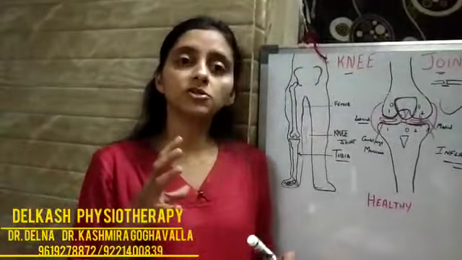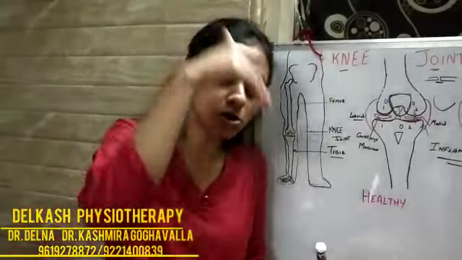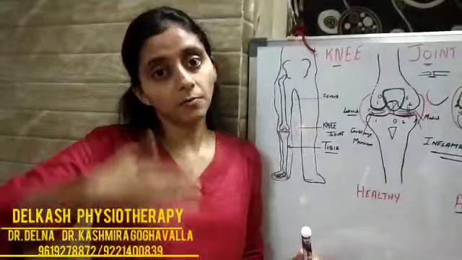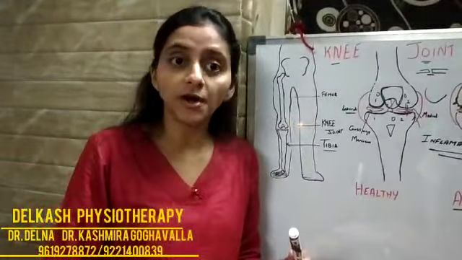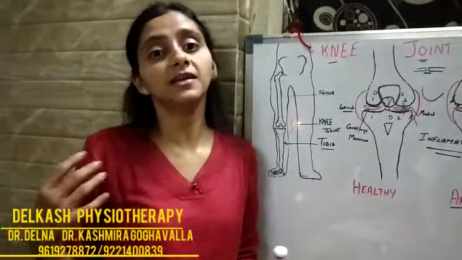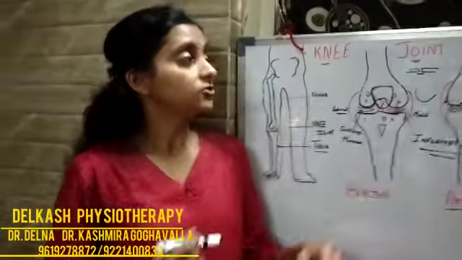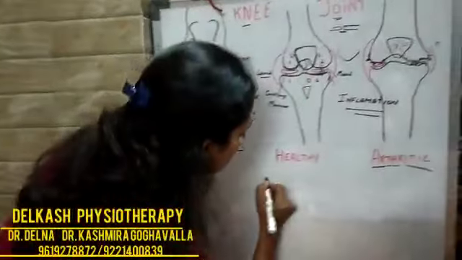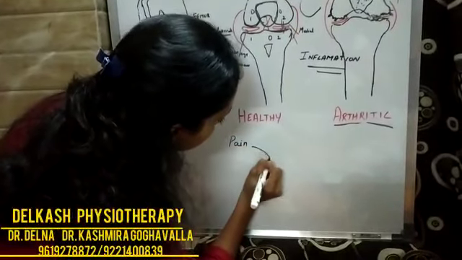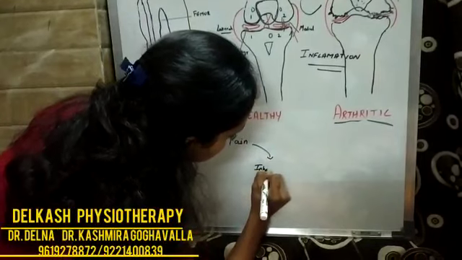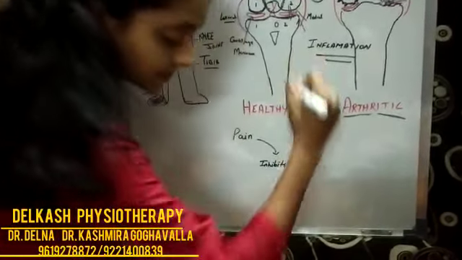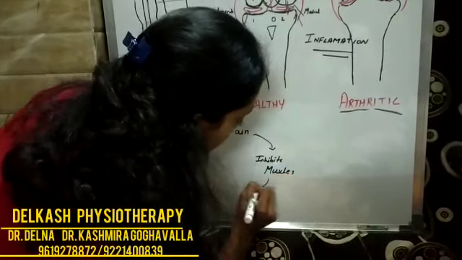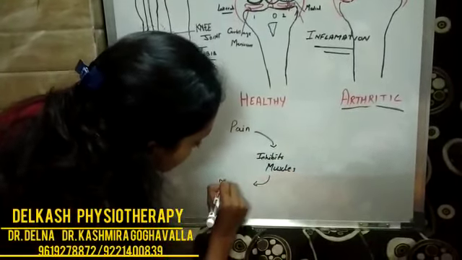When the muscles go into weakness, they cause more stresses to go through the joint, more and more pressure, causing the joint to degenerate even more. So it becomes a vicious cycle. The pain inhibits the muscle. Inhibits means suppresses the muscle's function. This causes the muscles to become weak.